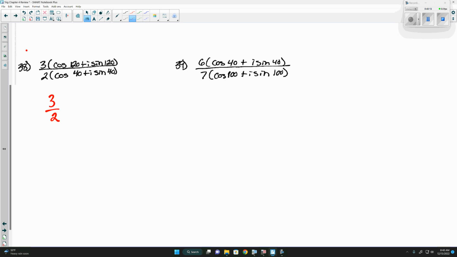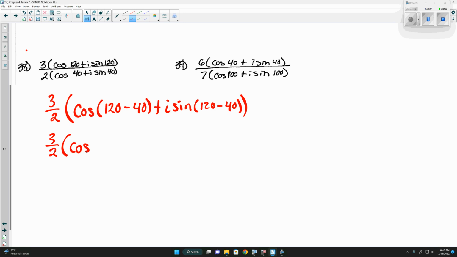So we'd say 3 divided by 2, parentheses, cosine of 120 minus 40, plus I sine of 120 minus 40. 120 minus 40 is 80, plus I sine of 80. Because with division we subtract. With multiplication we add the angles. And that's it. If you wanted to, you can simplify 120 minus 40, get your answer, and you're done.